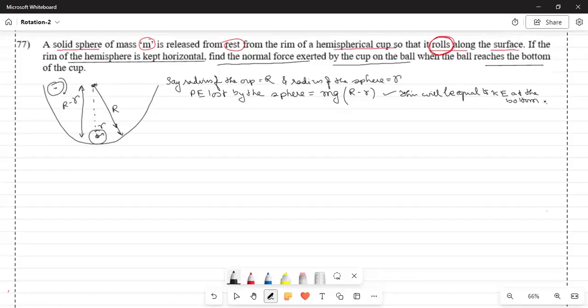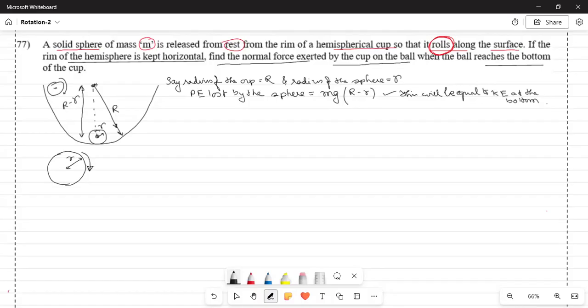Let's find out an expression for the kinetic energy. Now, when the ball is rolling down, I make a bigger picture of the ball of radius r.